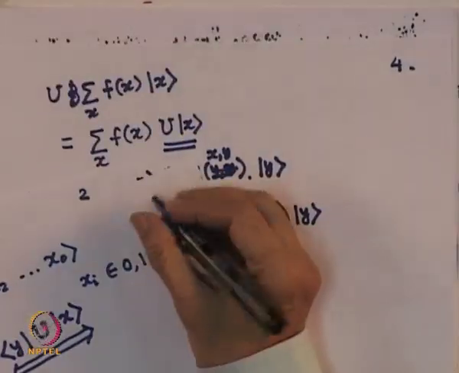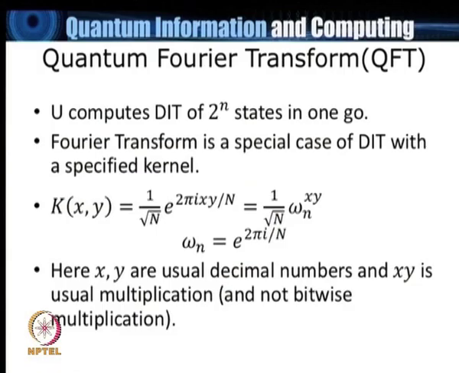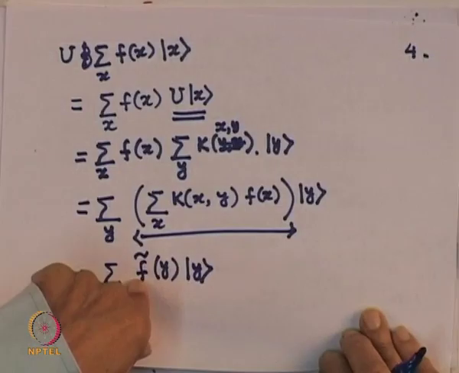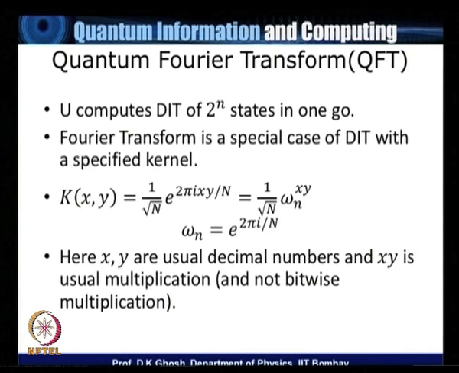So with that, I have defined what an integral transform is, and now I specialize it to the case of a quantum Fourier transform, which is simply extending this concept to a very special case where the kernel looks very similar to the way we had taken it for the case of the normal Fourier transform.